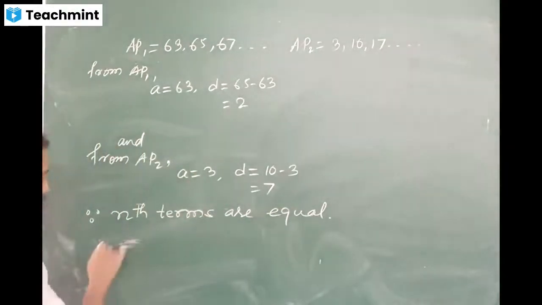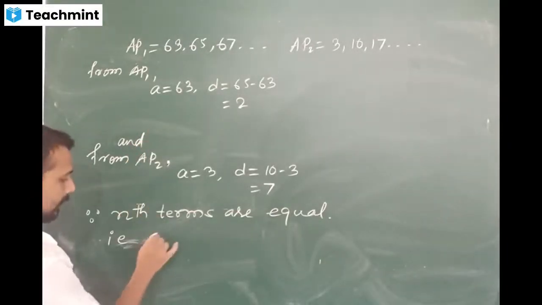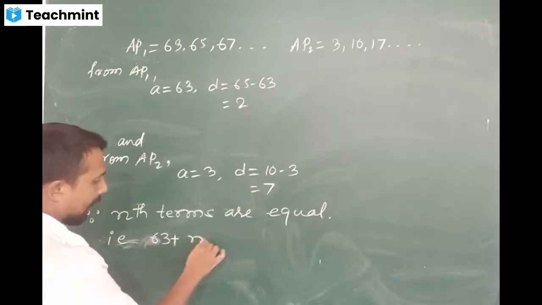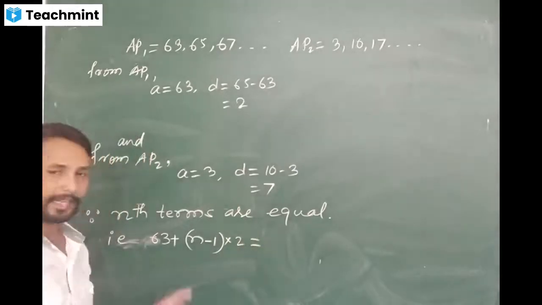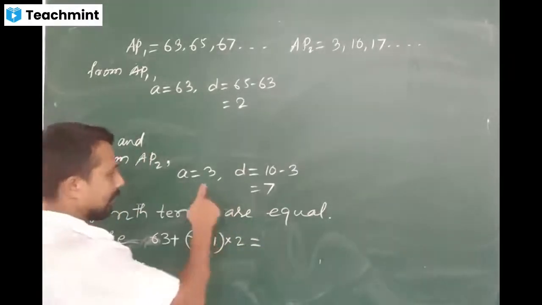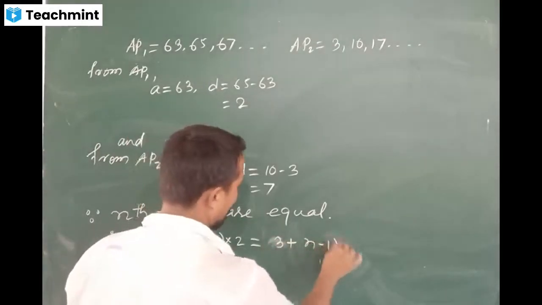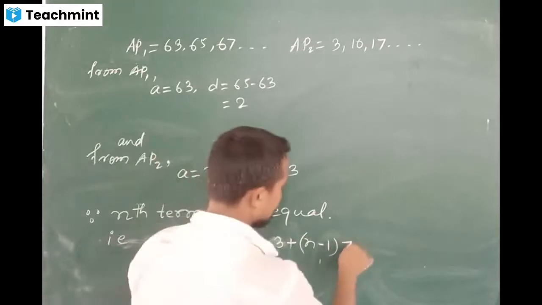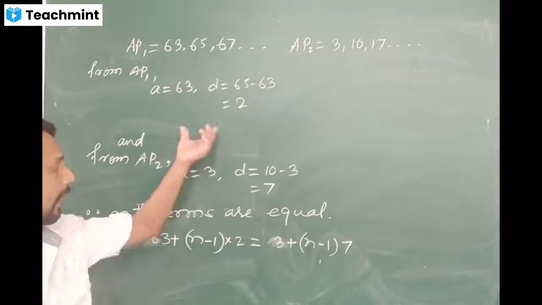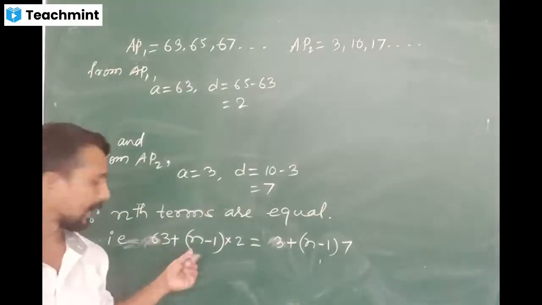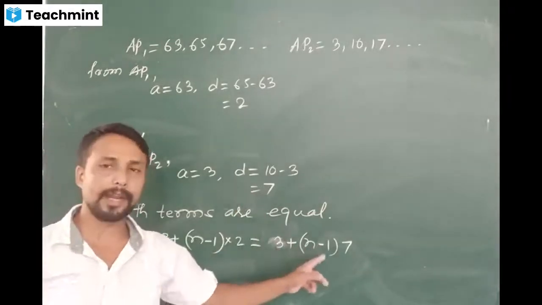That is, this one's nth term is a, 63, plus n minus 1 into d, the difference 2, which is equal to this one's a, 3, plus n minus 1 into d, that is 7.